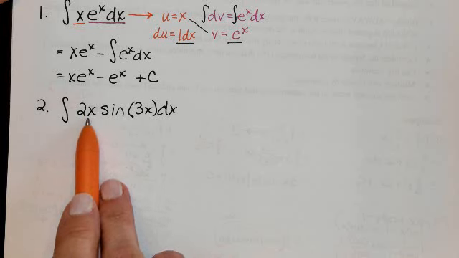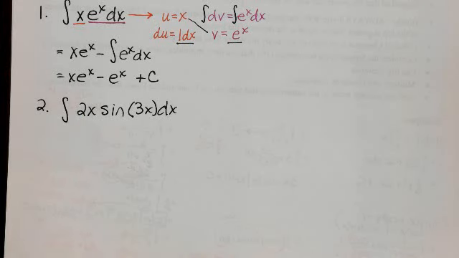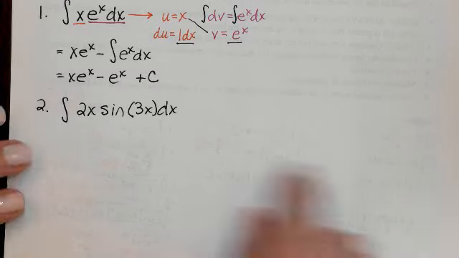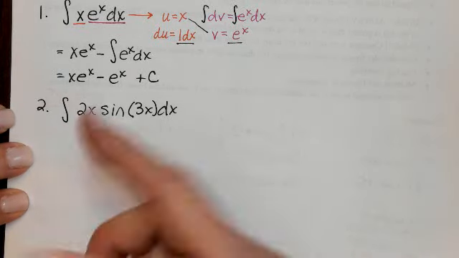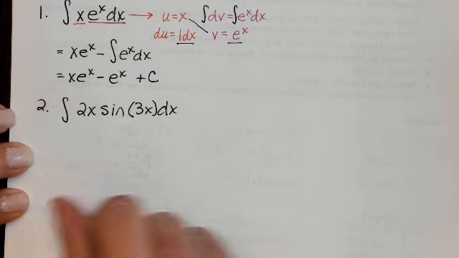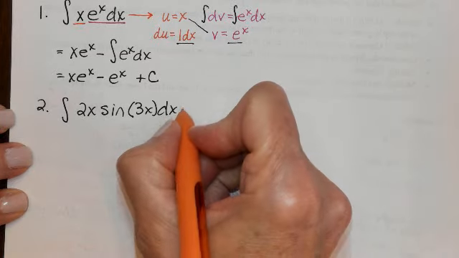Again, we have this extra x out here, and that's unhelpful for us. We cannot just do a plain u sub. Next thing I take a look at is, oh, it's an algebraic times a transcendental. So maybe I can use by parts. So that's what I would try. I would try by parts.